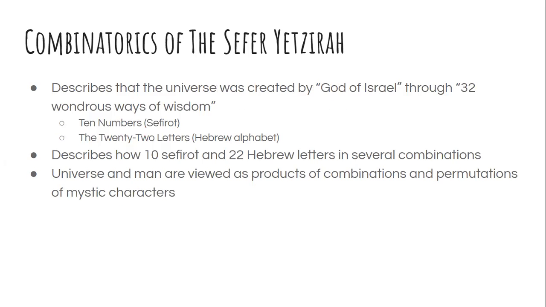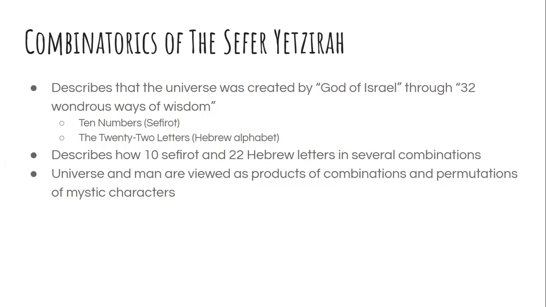So exactly how is combinatorics related to the Sefer Yetzirah? This book describes how the universe was created by the God of Israel, with a list of God's Hebrew names in the first sentence of the book, but it's through the 32 wondrous ways of wisdom, which I wrote right here.